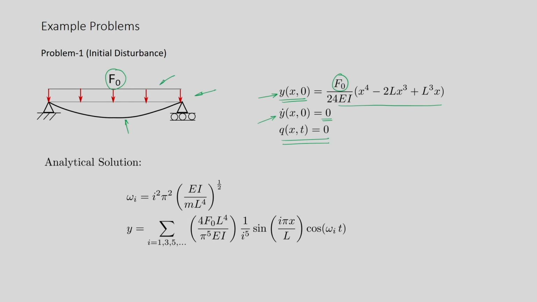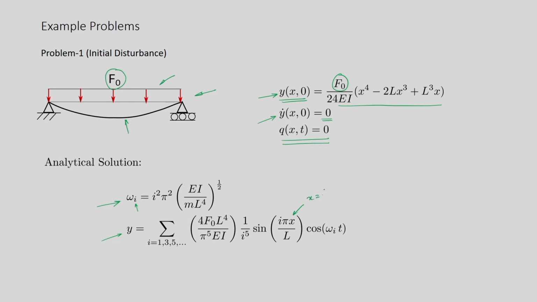In order to understand how accurate our solution is, we have taken the analytical solution. These are the eigenvalues corresponding to this problem in hand. This is the ith eigenvalue. If I replace i equal to 1, I will get the first natural frequency, and this expression tells us the corresponding shape for any time instant t.